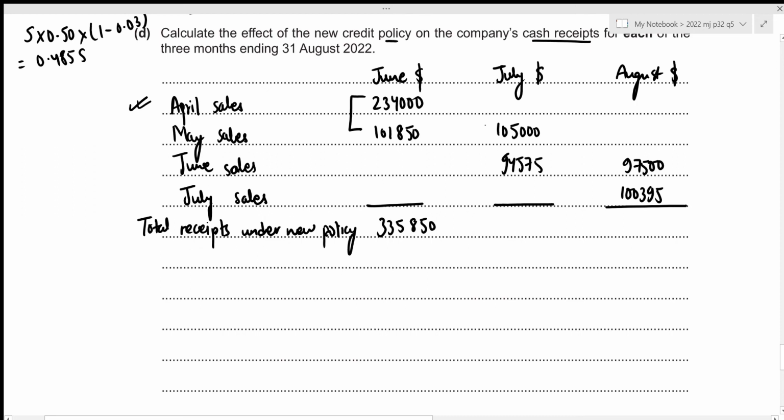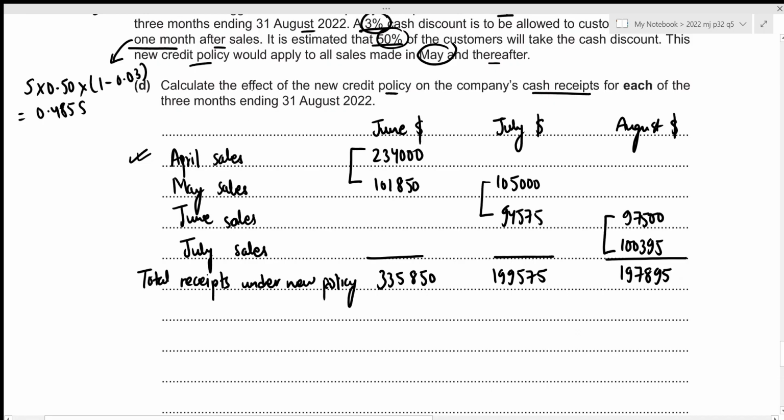For July, that's going to be 105,000 plus 94,575, which results in 199,575. For August, that will be 97,500 plus 100,395, which results in 197,895.